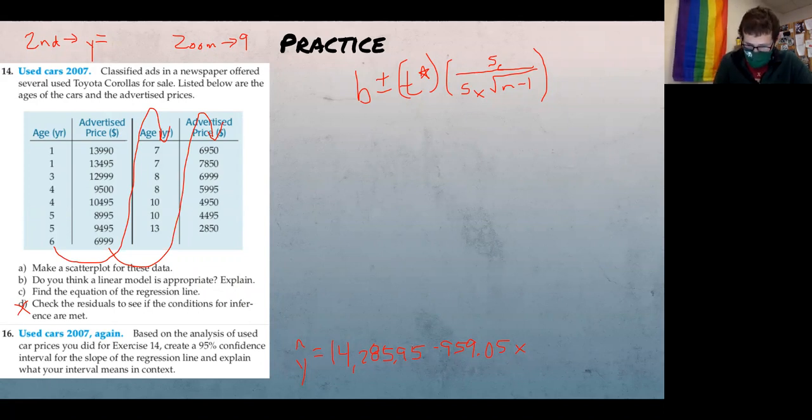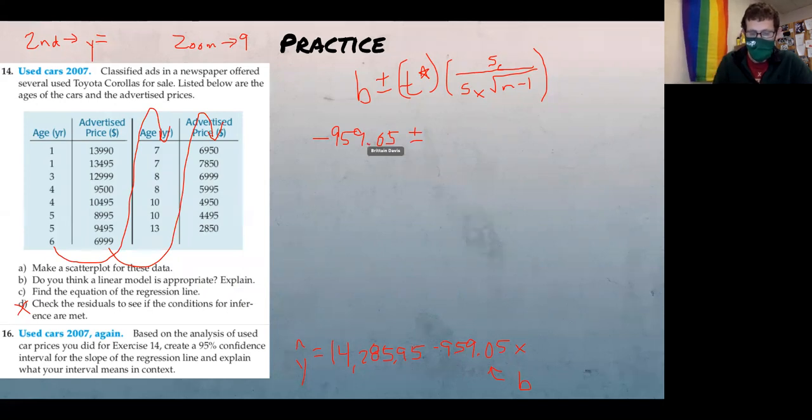So this right here represents b. I'm going to start with that, negative 959.05. Plus or minus, I want to find out what the true population slope might be. According to my sample, we're going to lose about $960 a year. But maybe the population is more or less than that.